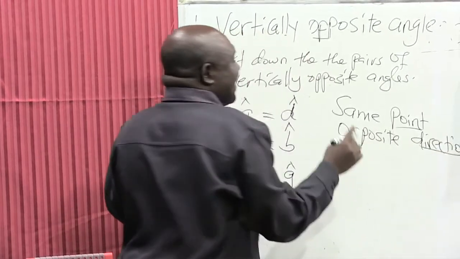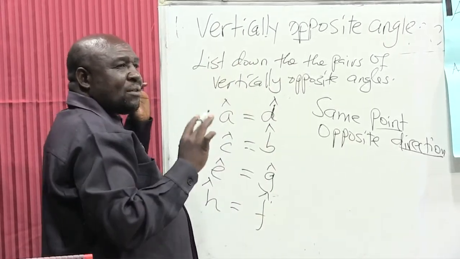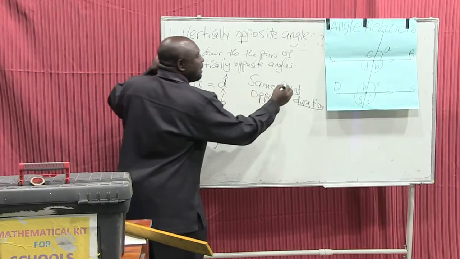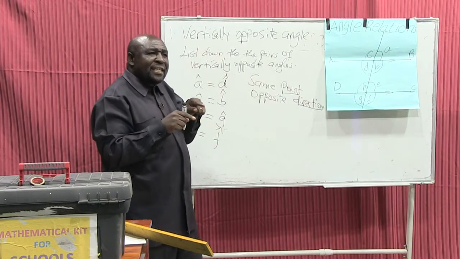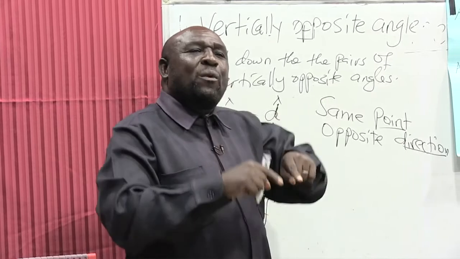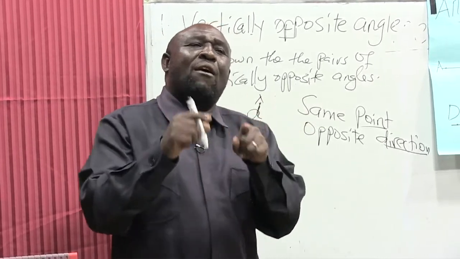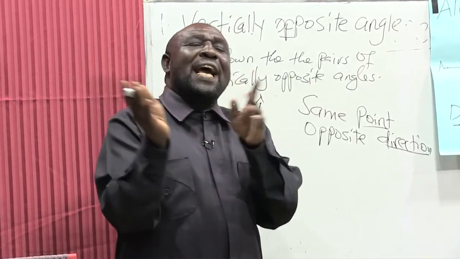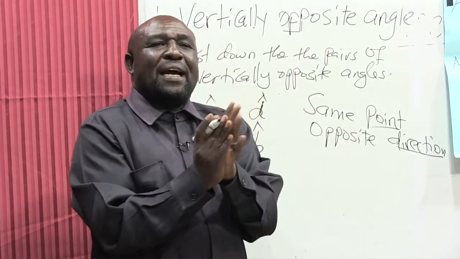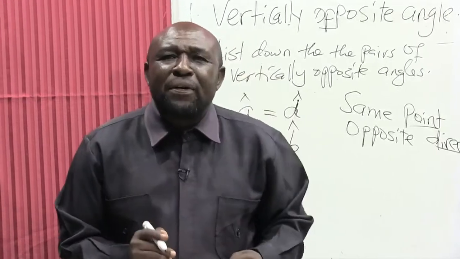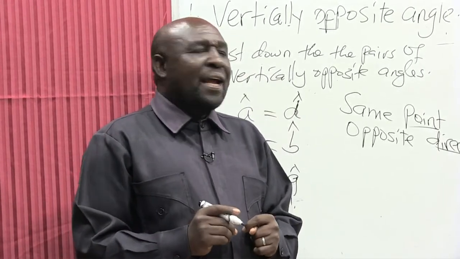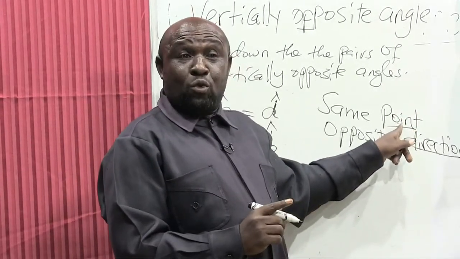So you look at what? Same point, opposite direction. You are looking at the point and the direction. Point where the angle is formed. We said the angle is formed when two lines meet at a point. Okay? So the point is very important to observe.